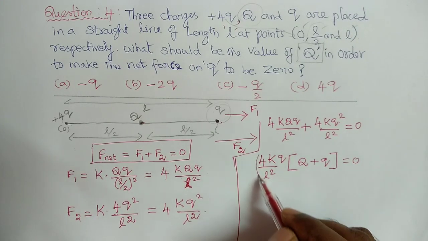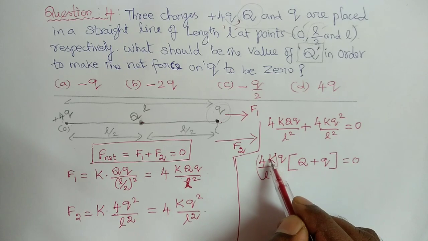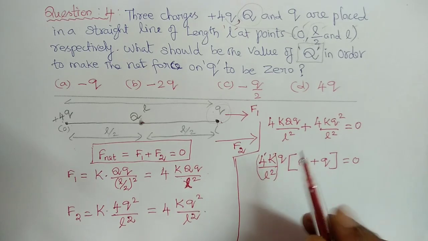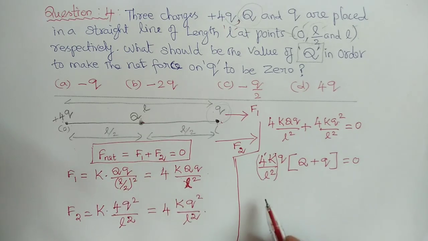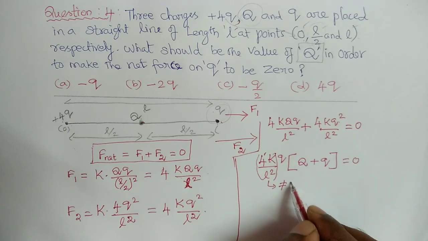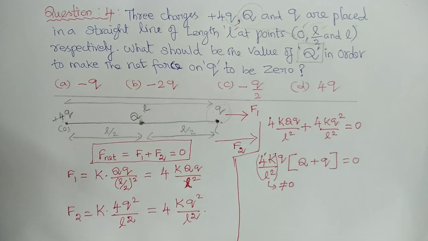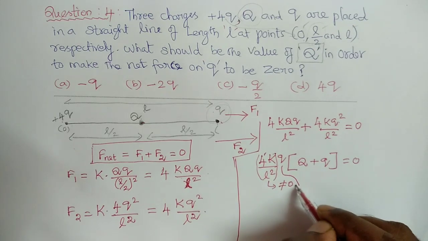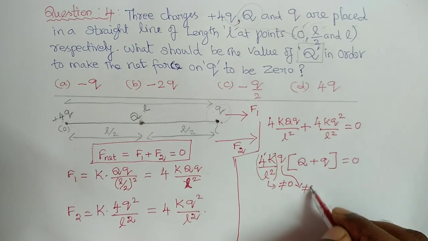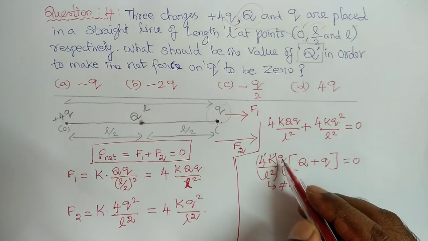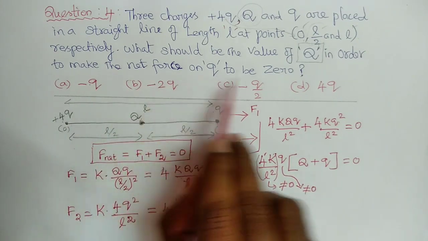Consider the first term, 4Kq by L square. This is not equal to 0, since K is not equal to 0 and L is not equal to 0. So this whole term is not equal to 0. According to the trivial case, this q is also not equal to 0, because if it is 0, this problem is not possible.